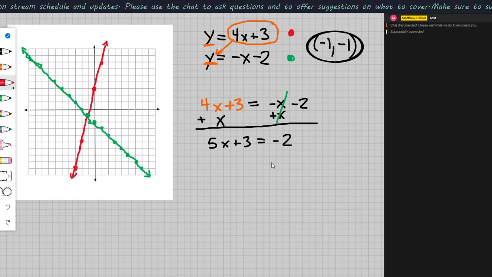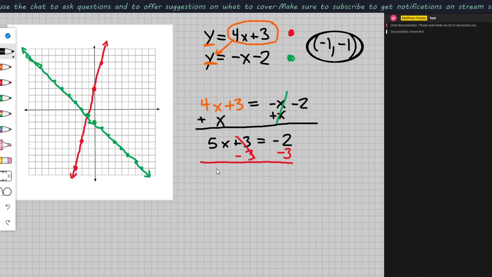Now we're going to subtract 3 from both sides. Positive 3 minus 3 cancels, so you've got 5x. Negative 2 minus 3 gives us negative 5.